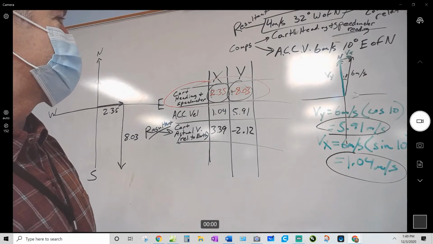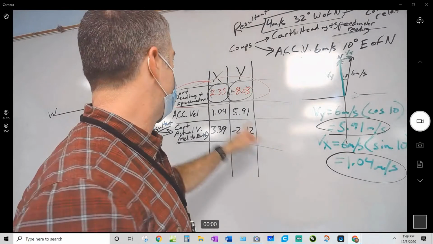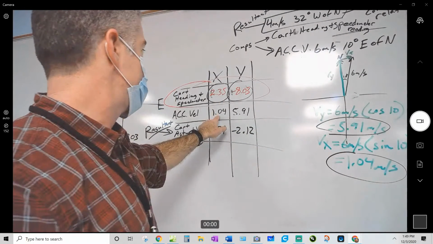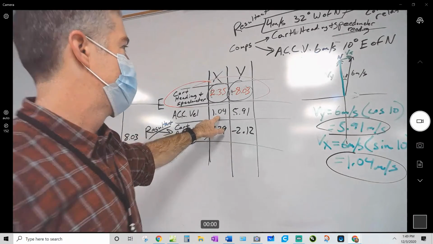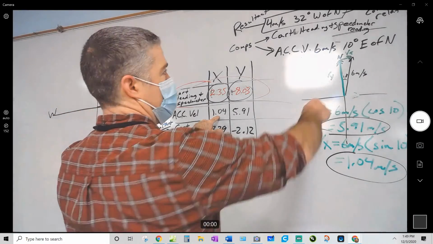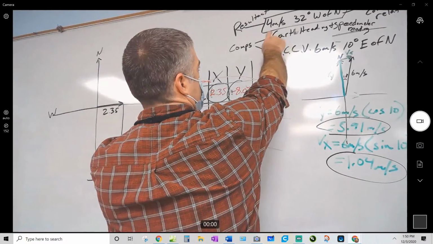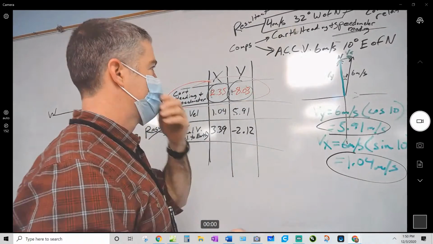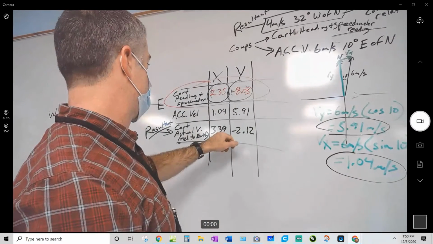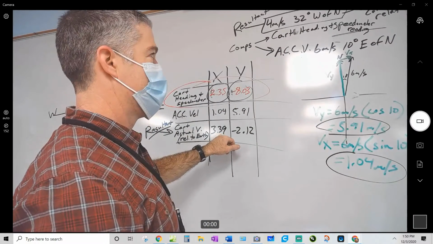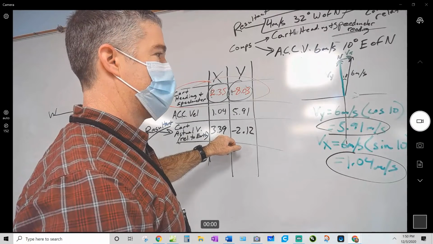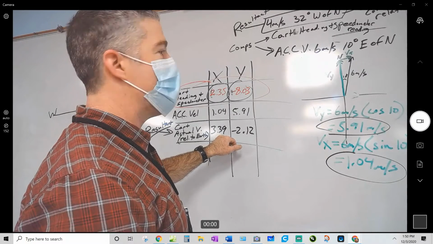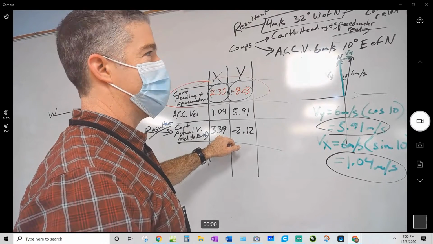Maybe I made a mistake there. Yeah, because you even say dy is 3.39, but you put it into the x. Are you subtracting, not adding? Oh, that's it. Yes.